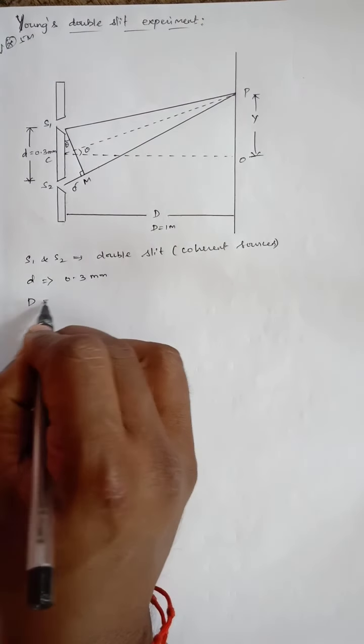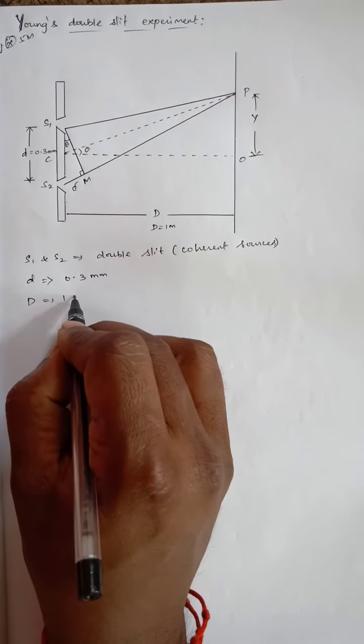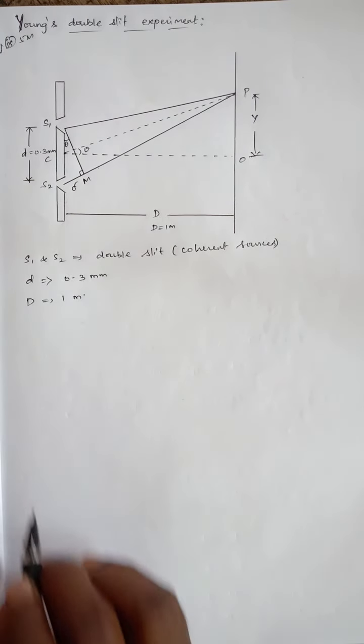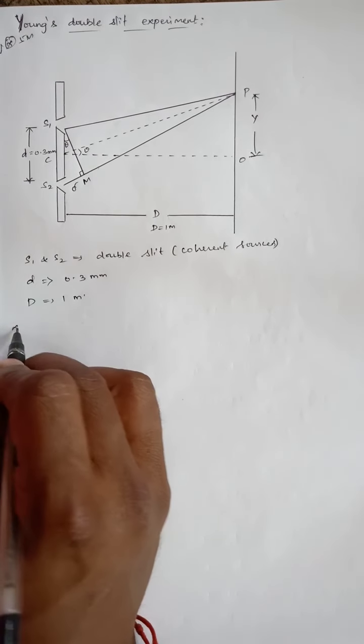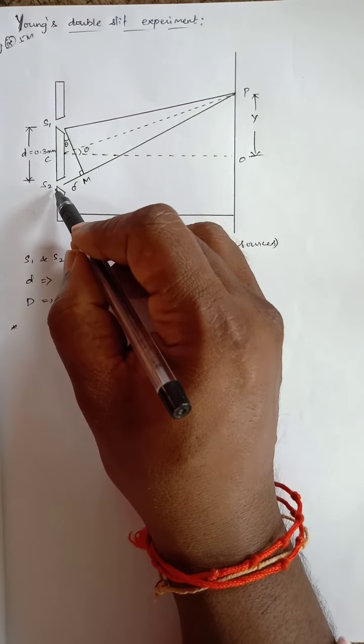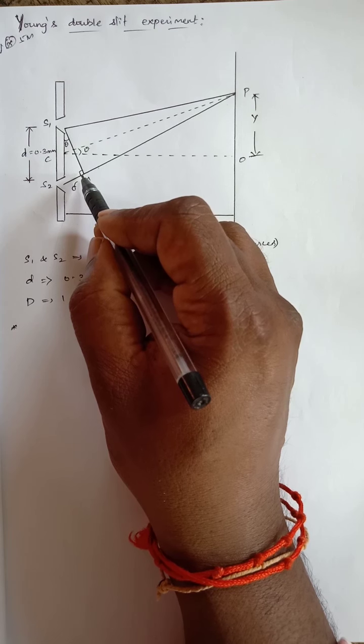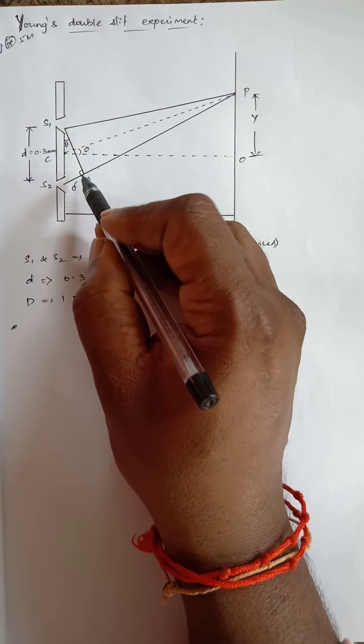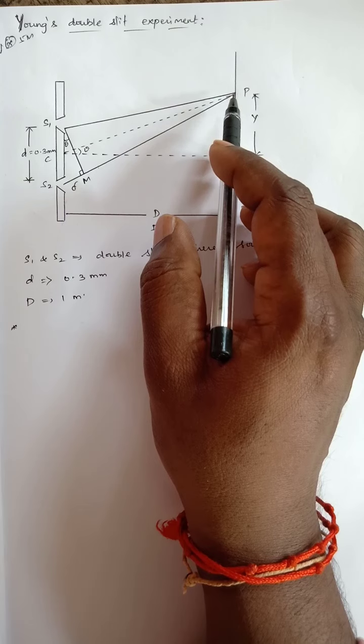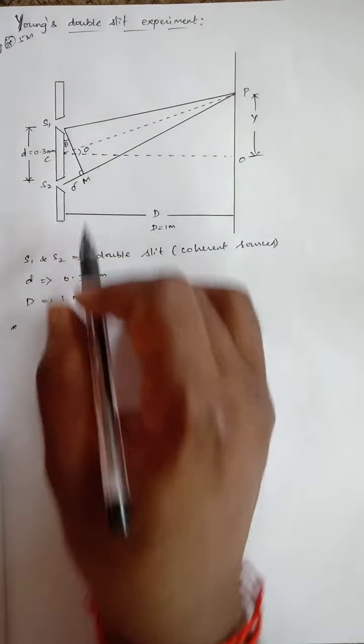Capital D is the distance between the slits and the screen, with value equal to 1 meter. Now the path difference S2M alone is important, because the two waves meet at point P, which makes the interference. So you have to find the path difference delta.